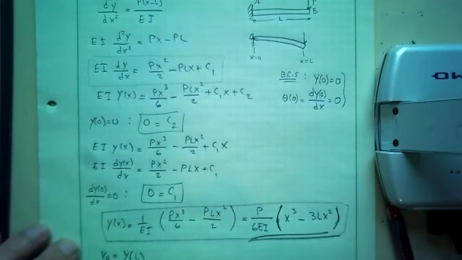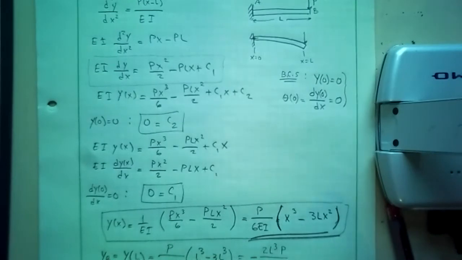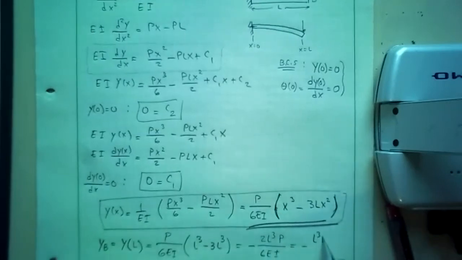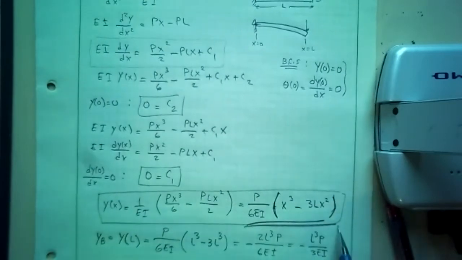That makes sense. So deflection at B: P over 6 EI, and I put in L for x, L cubed minus 3L cubed. So this is going to be negative 2L cubed P over 6 EI, and this reduces to negative L cubed P over 3 EI. So there's the deflection at B.